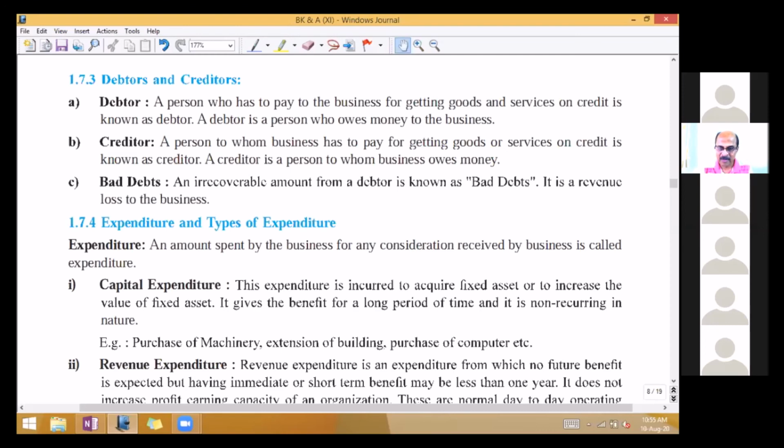Even if you don't have money in the pocket and you buy something, it is your expenditure. Suppose you pay for a pen in the stationery shop. It's an expenditure. Then you buy a notebook from the same shop and tell him, I will pay later. That also is your expenditure.